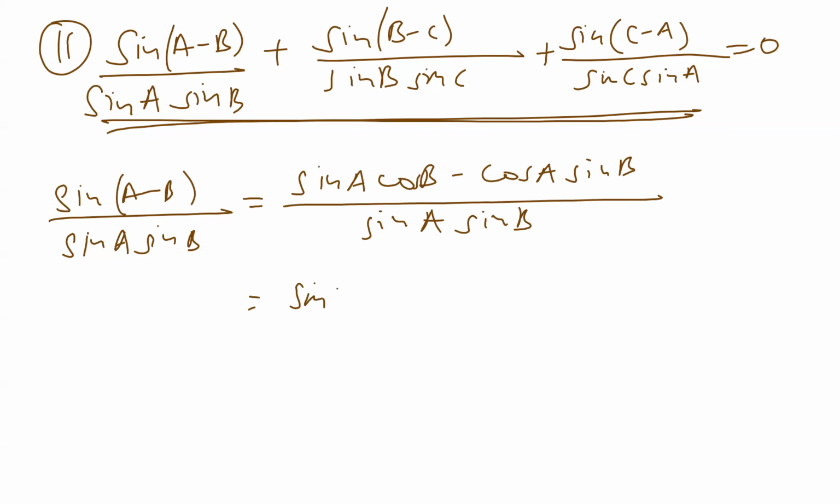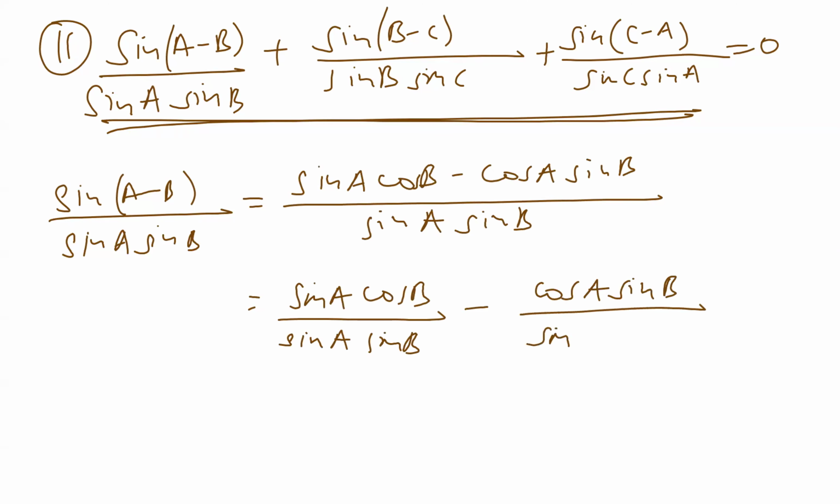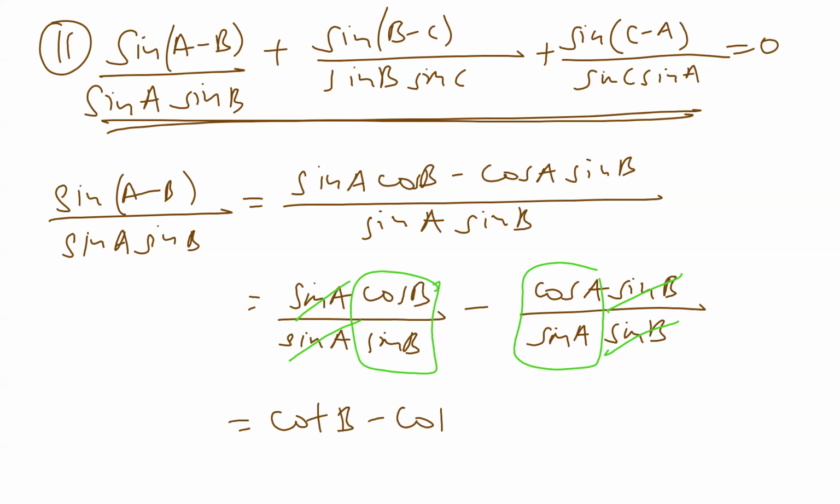Now split: sin A cos B upon sin A sin B minus cos A sin B upon sin A sin B. So this is getting cancelled. Cos upon sin is cot, cos upon sin is cot. So this will be cot B minus cot A. Okay.